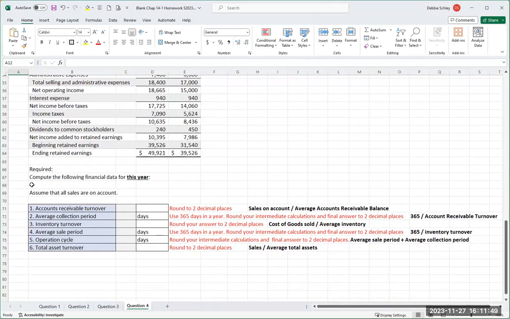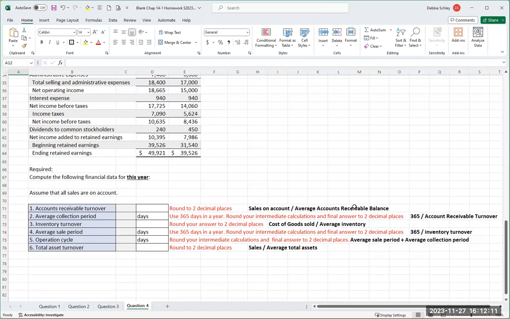So we're again working with the numbers in this year. We're going to do accounts receivable turnover, average collection period, inventory turnover, average sale period, operation cycle, and total asset turnover.